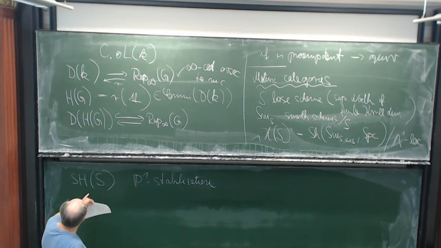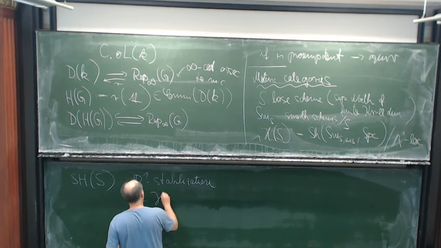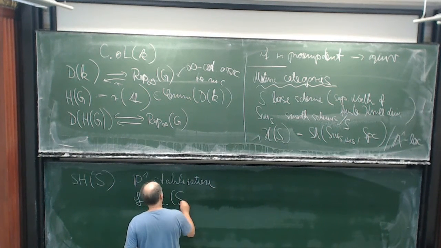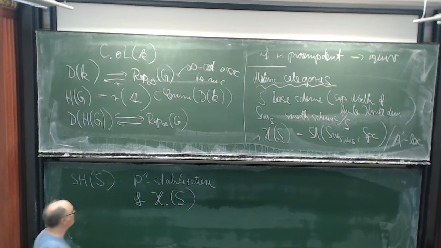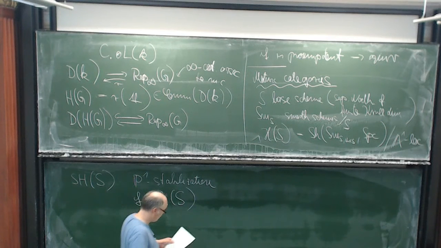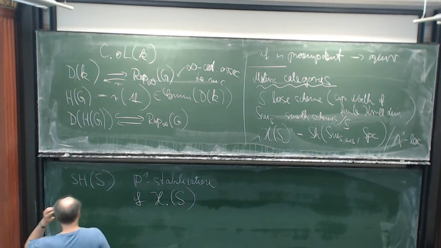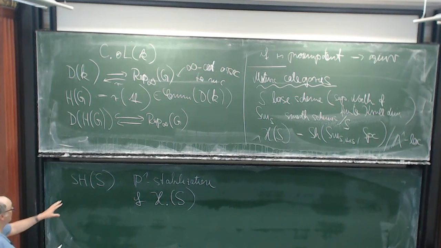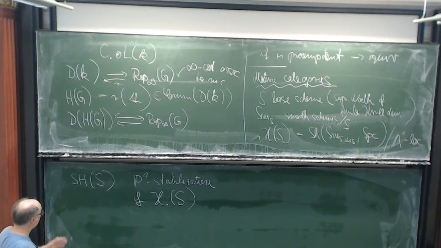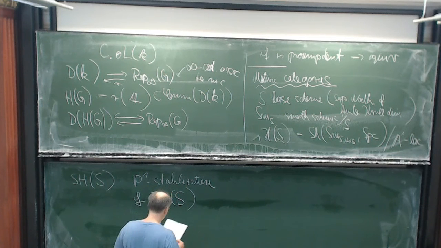But we think of this category as obtained by taking P1 spectra of the pointed unstable motivic category. So that's now a very nice category, where many cohomology theories are representable, like K theory, as is motivic homology, when there's a spectrum, cobordism, and many others.